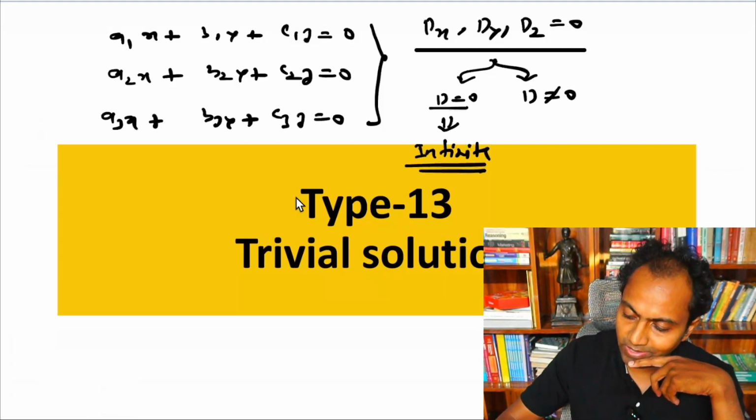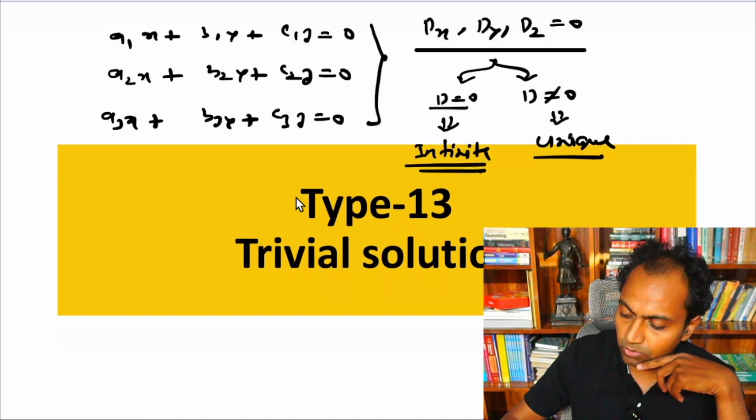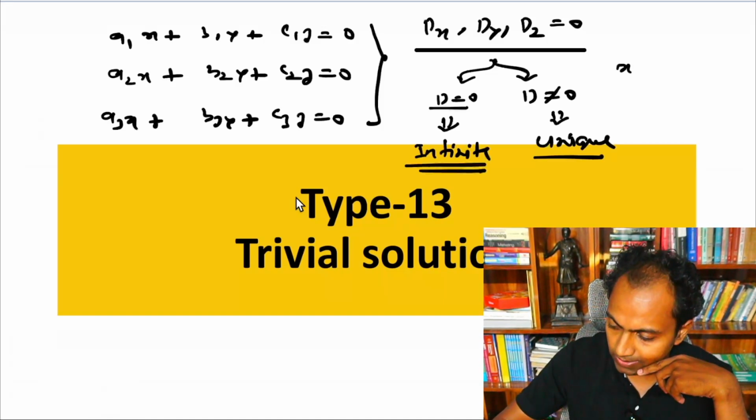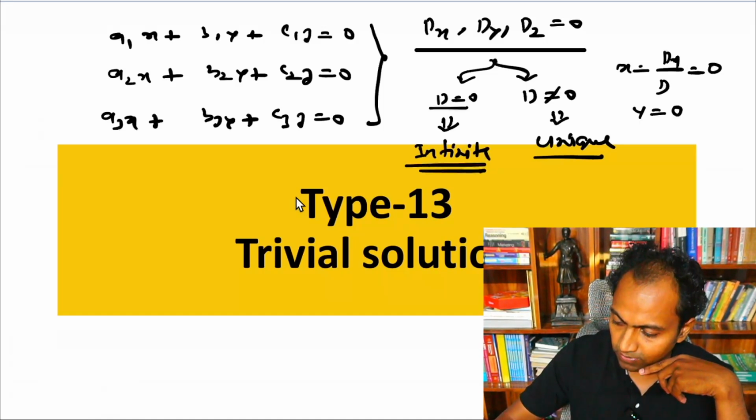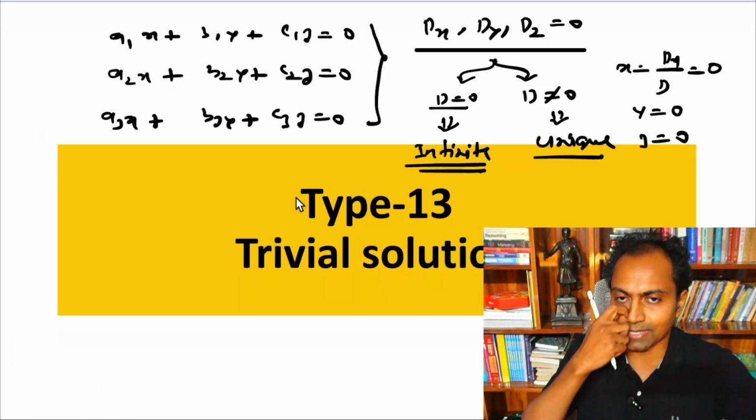If d is not 0, it will have a unique solution. And that unique solution, since x is nothing but dx by d and d is non-zero, dx is 0, so this will become 0. Similarly, y will become 0, z will become 0. So these are the only two possibilities.